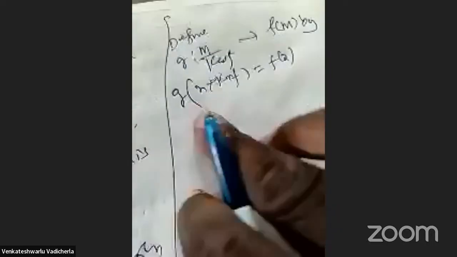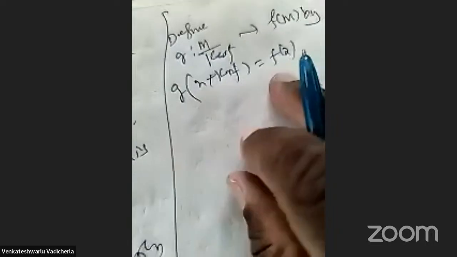Define a map g from M by kernel f to f of M, defined by g of x plus kernel f is equal to f of x for all x belongs to M. So g is a function.